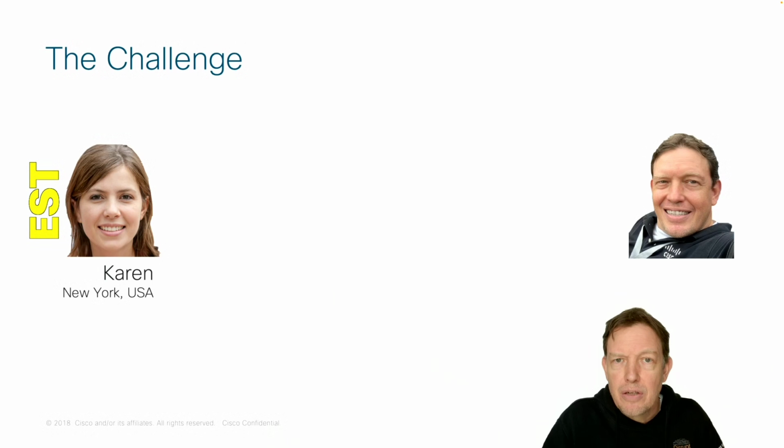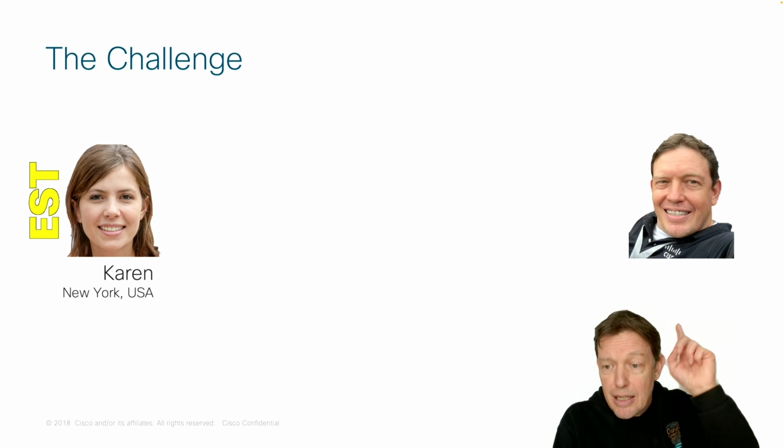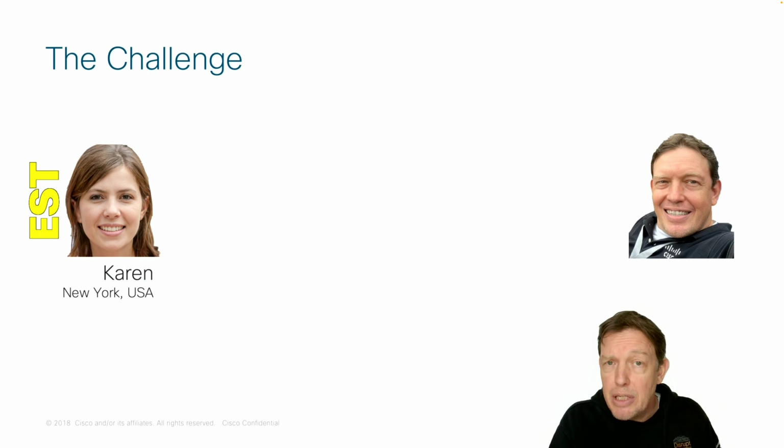And that is causing a challenge, right? There is Karen. Karen is an AI-generated person that lives in New York in Eastern Standard Time. And I am DJ, a naturally created person living in Amsterdam in Central European Time.